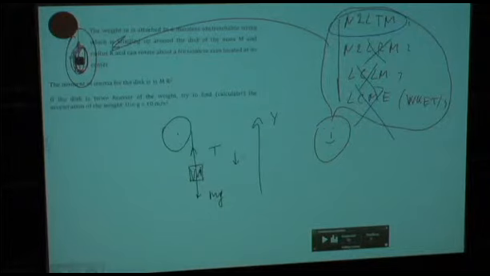It starts moving down, that's velocity, and it's speeding up, that's acceleration, relative to this axis, using magnitudes. That's the law. Tension has a positive component, gravity has a negative component, and acceleration has a negative component. Done.